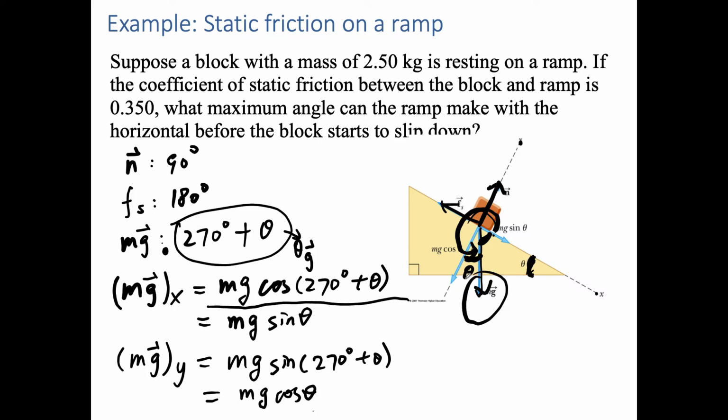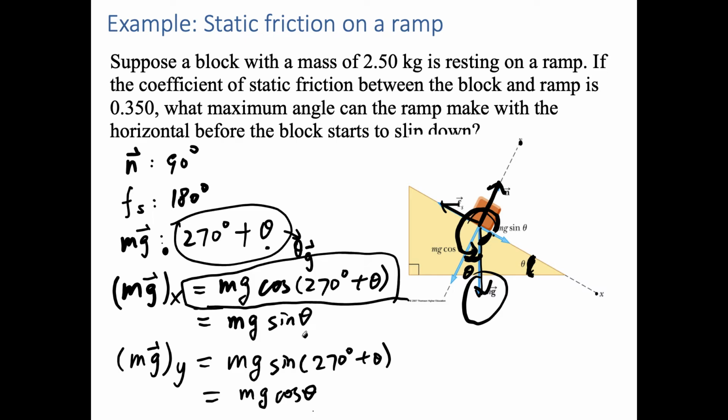We need to figure out the angle of the vector mg, which is 270 degrees plus the angle of the incline. And so we always need to start from the definition of the component of the vector, mg cosine theta g, where theta g is 270 degrees plus theta, and trigonometry now tells us the x component is mg sine theta.